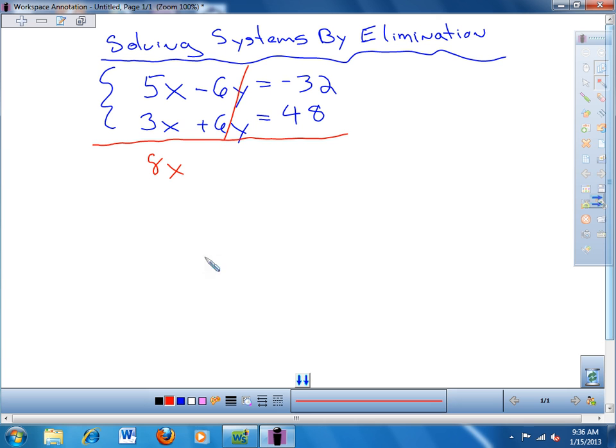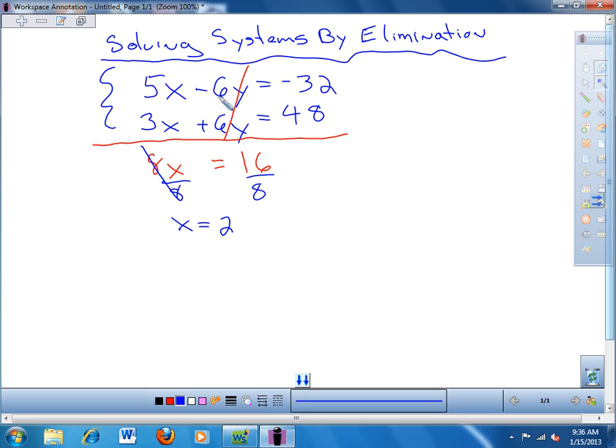So those disappear. And what's negative 32 plus 48? Remember, you're adding. 16. Then all I have to do is divide by 8, and I get that x equals 2, right? And I'm done.